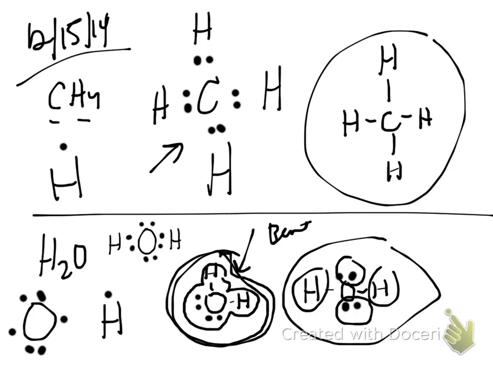It just wants to share to get to 2. Carbon wants to share to get to 8. Each of these lines represents 2 electrons. So does carbon have 8 electrons? 1, 2, 3, 4, 5, 6, 7, 8. Yep, carbon's happy. Hydrogen wants to share to get to 2. This one's sharing 2, check. This one's sharing 2, check. This one's sharing 2, check. And check. Okay, everybody's happy.